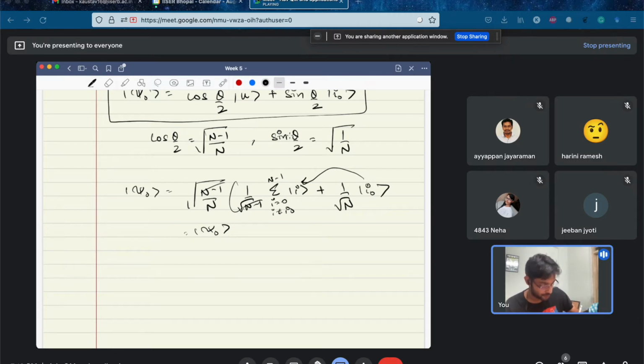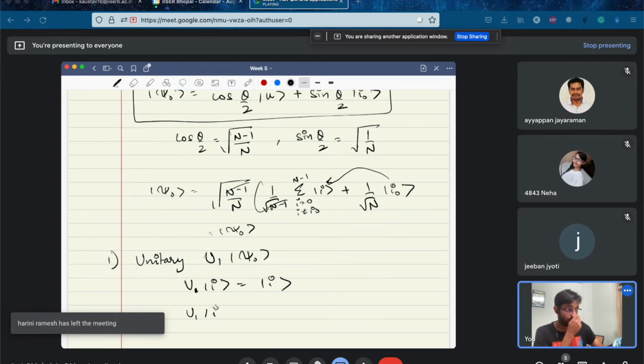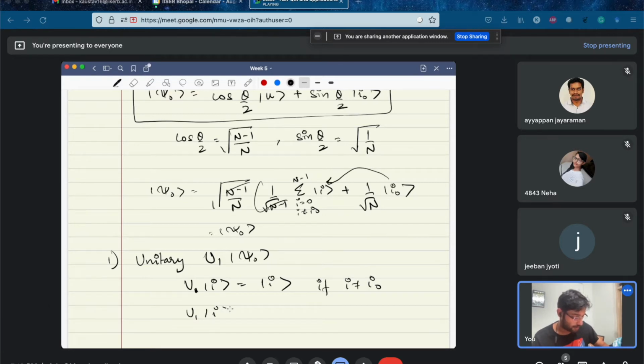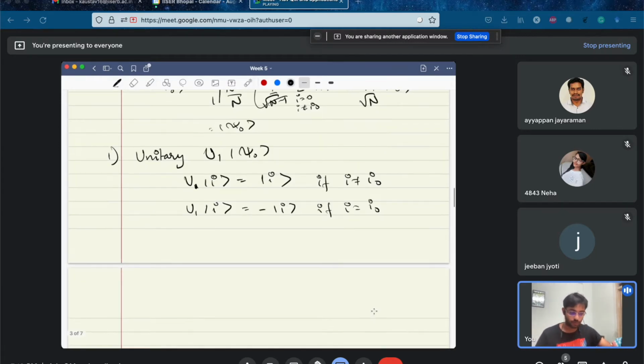The first unitary operation, U1 acting on psi naught: U1 acting on i gives you i if i is not equal to i naught, and minus i if i equals i naught. So you have a conditional operator here.